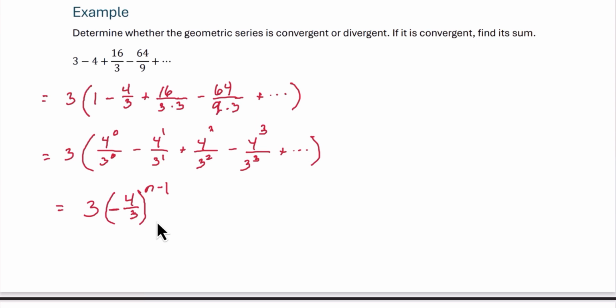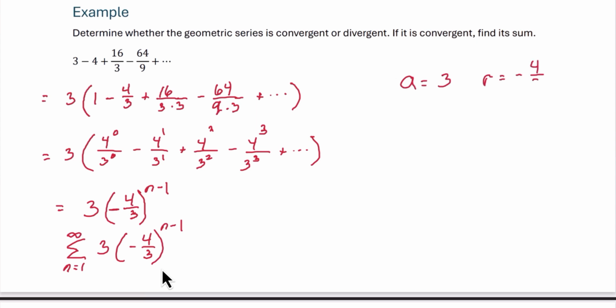So we now have the sum from n equals 1 to infinity of 3 times negative 4/3 to the n minus 1. This fits with our definition of a geometric series. Here, a is 3 and r is negative 4/3.